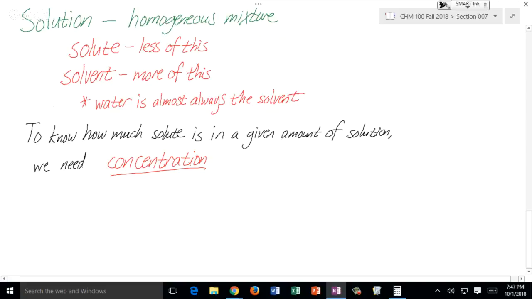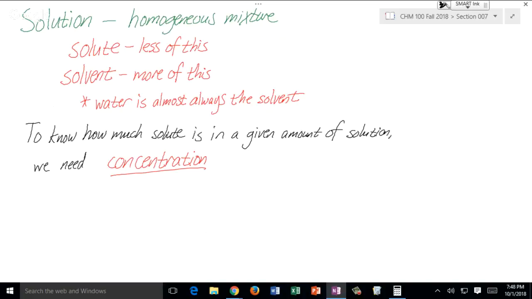So if you're measuring out a pure solid like sodium chloride and you did your equation and your moles and whatever, and you figured out you needed 26.3 grams of sodium chloride, that's pretty simple. You get your scoop, you get your sodium chloride, you weigh it out on the balance, you put it in, you're done. But if you have a sodium chloride solution, if you have some sodium chloride that's already been dissolved in water, how do you know exactly how much sodium chloride is actually being added to whatever you're doing? So to know that, we need something called the concentration, which tells us how much solute is in a given amount of solution. So how much of the stuff that's dissolved is dissolved in a given amount.